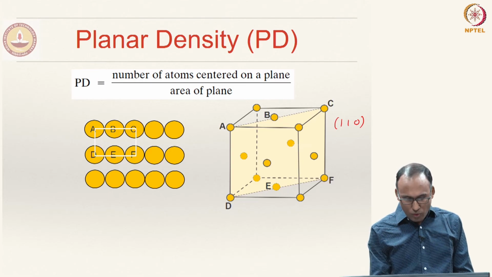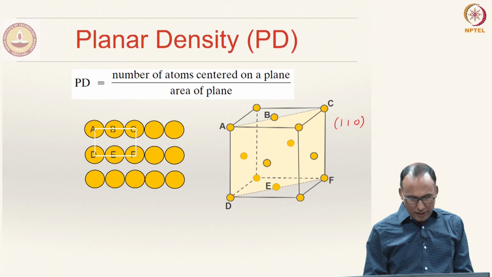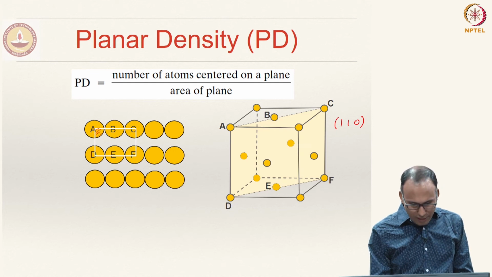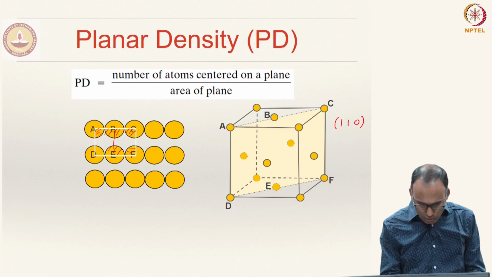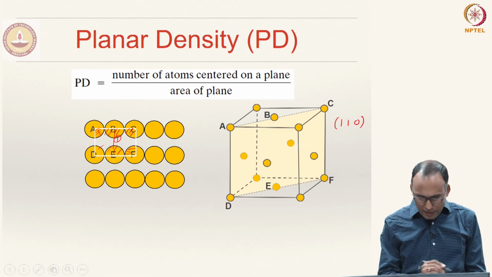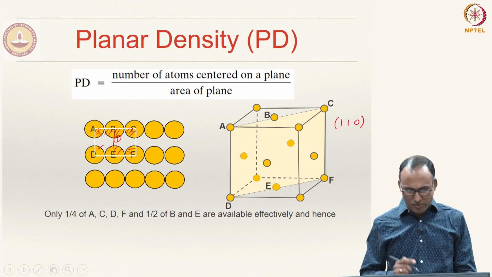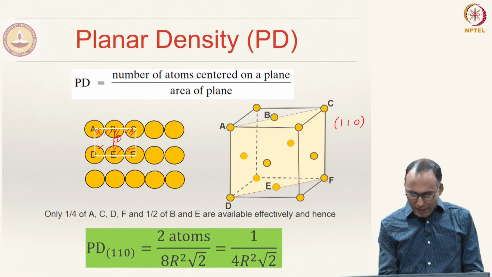So, this is how the atoms are arranged, and you can see that in this plane, this part of the atom is available, this part of the atom is available, this part and that part. So, effectively these two together make one atom, these four together make another atom. So, there are effectively two atoms divided by the area of the plane.